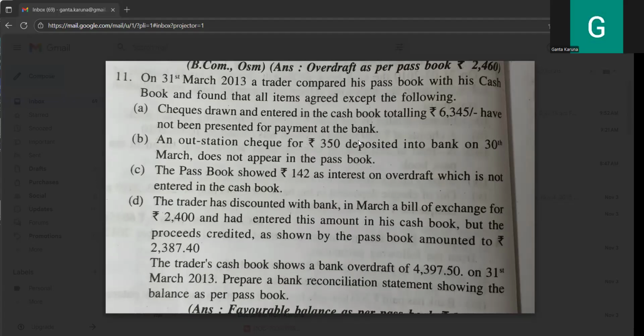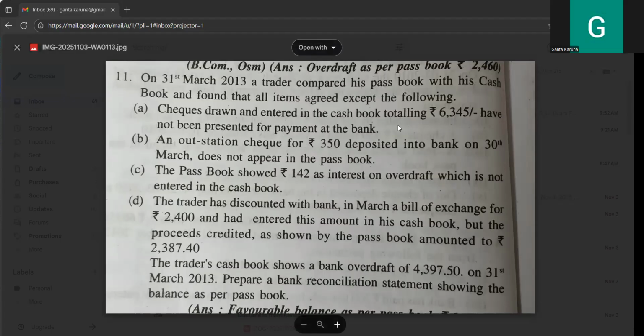So what is the kind of book he gave? He gave me the trader's cash book shows a bank overdraft of 4,397.50. That means he is giving me the overdraft balance as per the cash book, and he is asking us to find out.